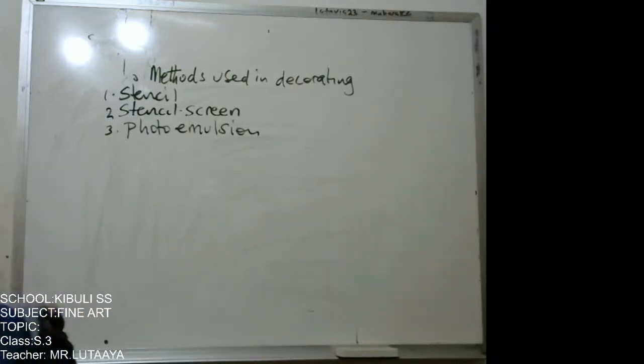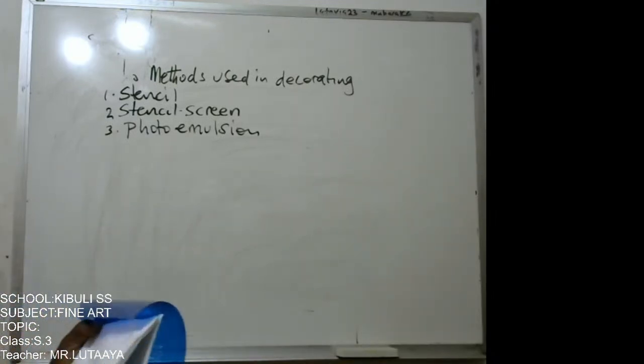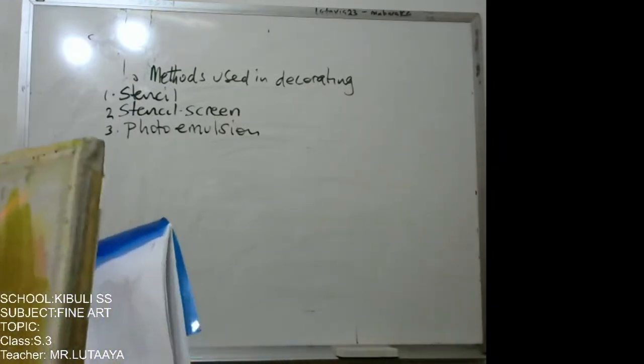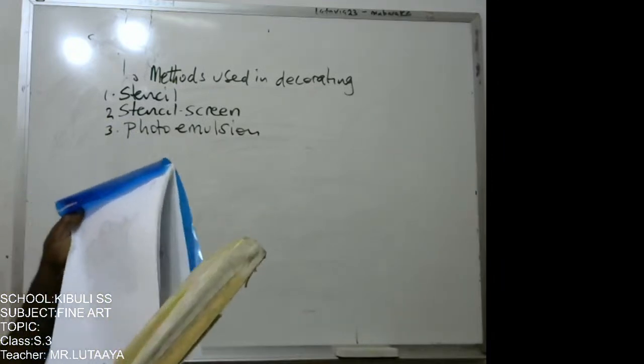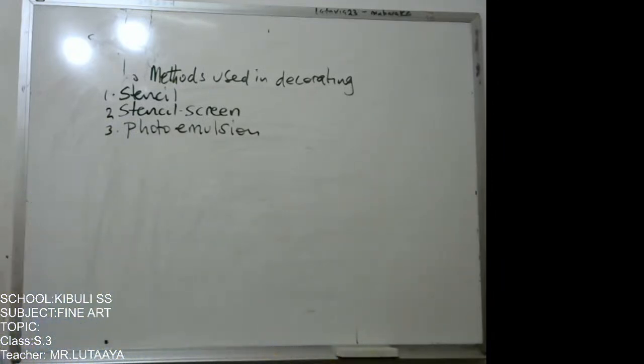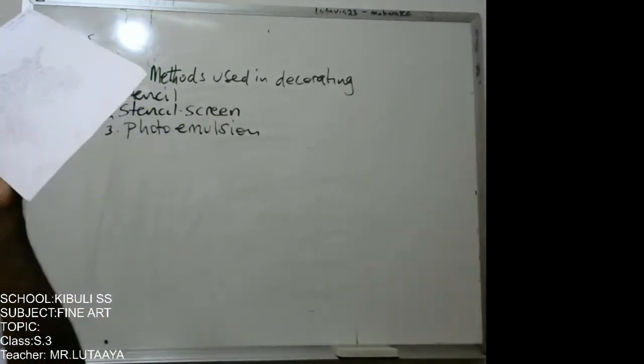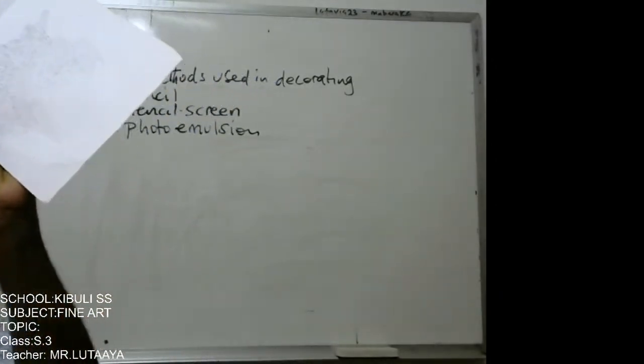Now, we assume that your design, your photoemulsion, is already dry. So what you do, get this paper, let me call it now a tracing paper.